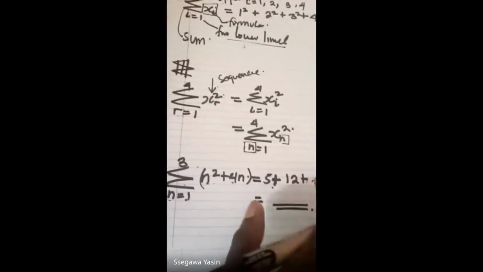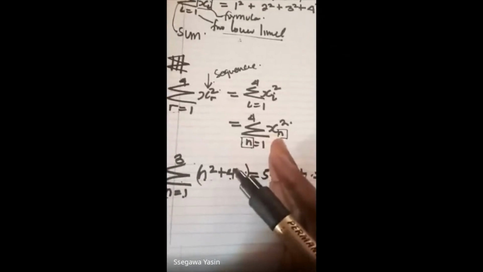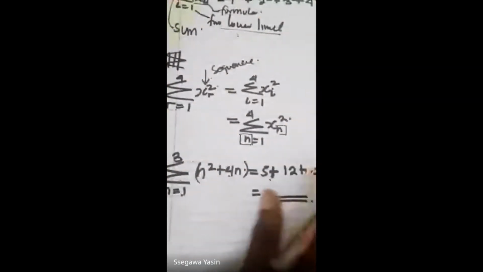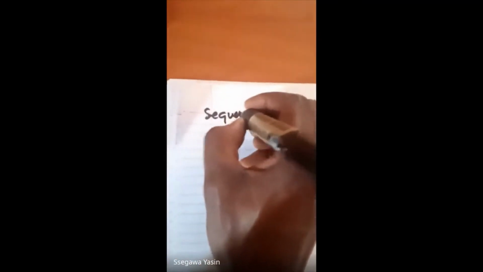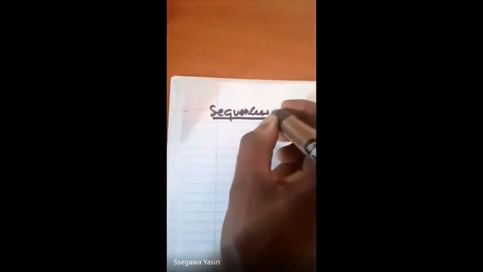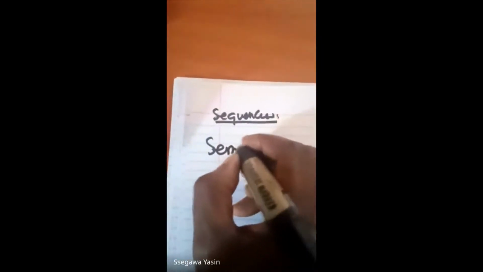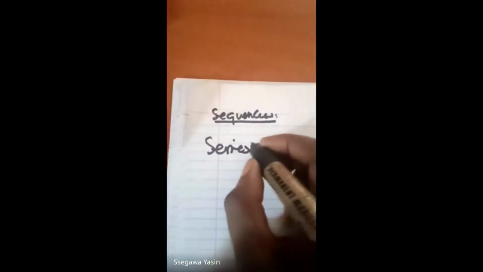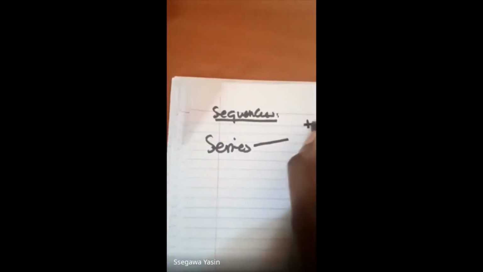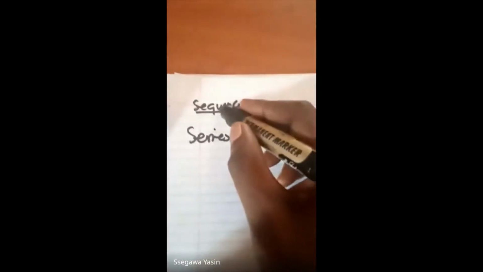Now, the sum sign implies that we must add. We must add, but the level of adding, depending on what we are adding, may result into many things. But specifically, since we are dealing with sequences, this is what happens. When you take a series, it implies that you are adding. That is the interpretation. But we are adding elements of the sequence.